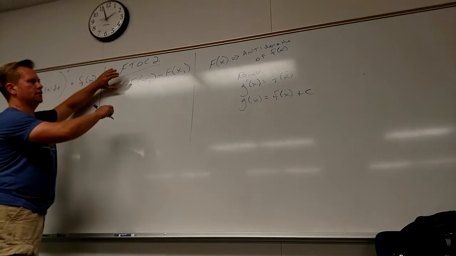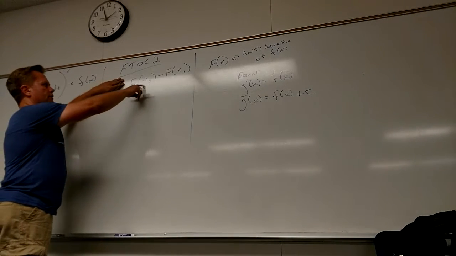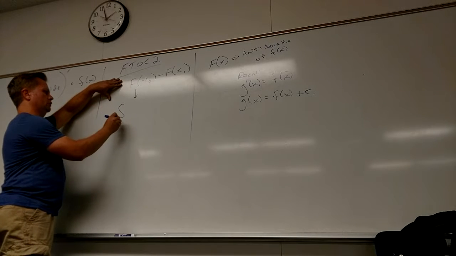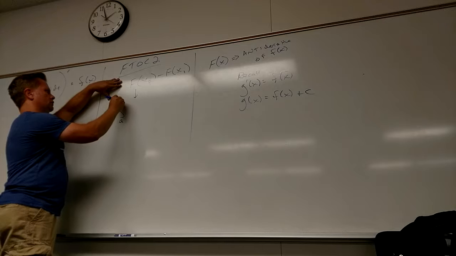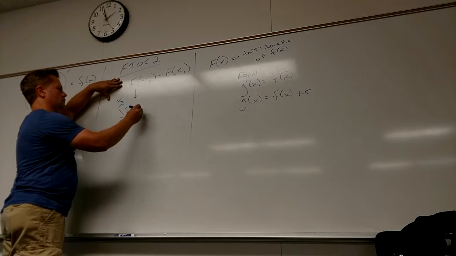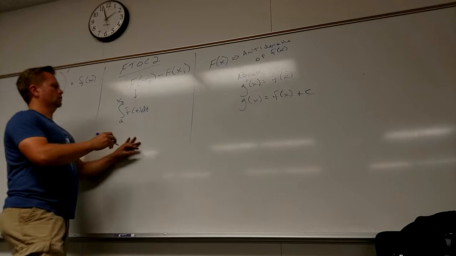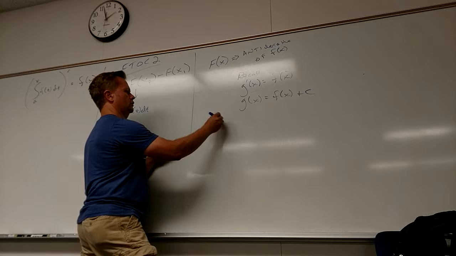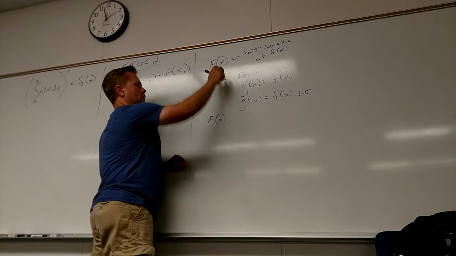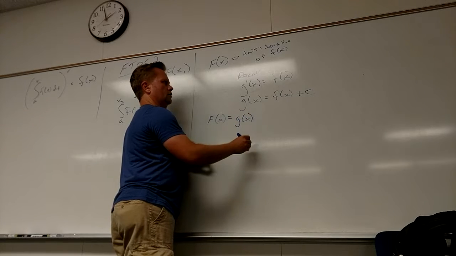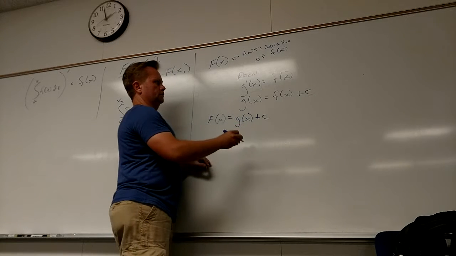So that means this is the integral from a to x2. This is equal to, and I hope you can see the connection, that this is equal to this off by a constant.